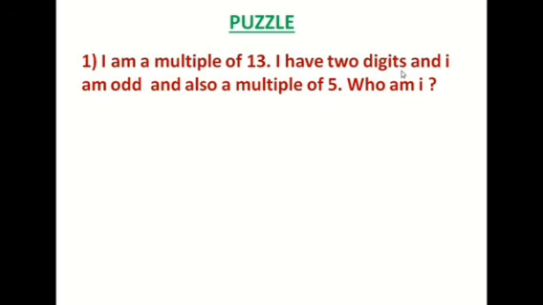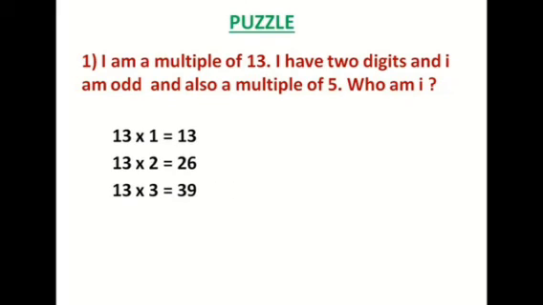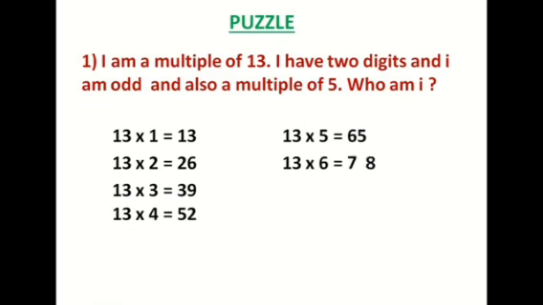Okay, let's start. 13 ones are 13. 13 twos are 26. 13 threes are 39. 13 fours are 52. 13 fives are 65. 13 sixes are 78. 13 sevens are 91. 13 eights are 104, a 3-digit number. So we can take till 13 sevens are 91.